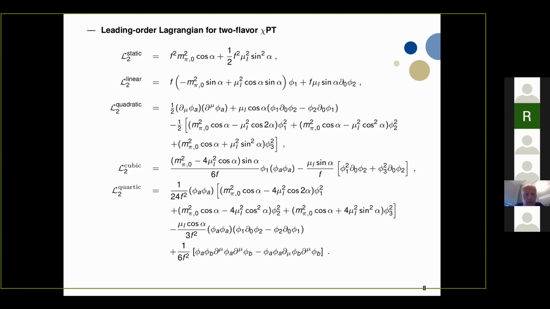One nice consistency check is that if you look at the static term and you extremize it, then that exactly corresponds to the vanishing of the linear term in the second line. So at least you can see the consistency of the calculation at tree level.